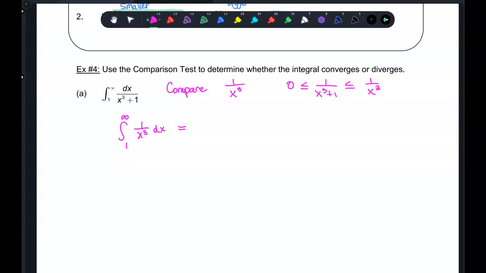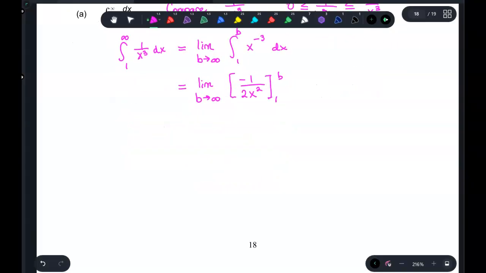Okay, so I'm going to rewrite it with a limit. So we'll have limit as b approaches infinity. So this goes back to the beginning of the lesson. I'm going to write this as x to the negative 3. So limit as b approaches infinity, we will get x to the negative 2 over negative 2. So it'll be negative 1 over 2x squared, evaluated from 1 to b.